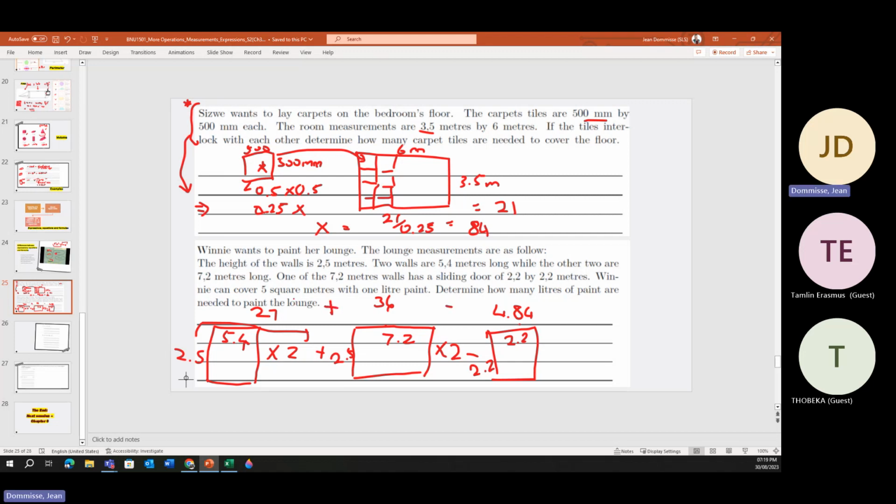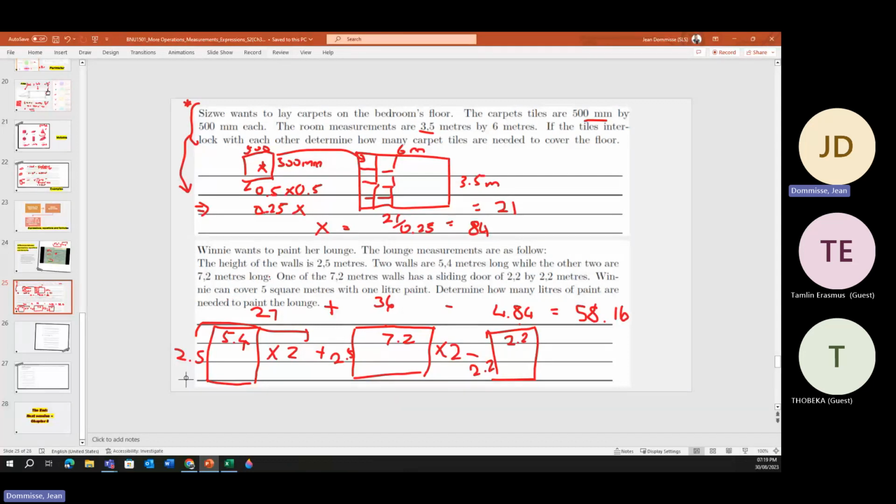And when we say Winnie can cover 5 square meters with 1 liter of paint, determine how many liters of paint are needed. Okay, so let's first work out how much that was. So 27 plus 36 is 63 minus 4.84. So she needs to cover 58.16.